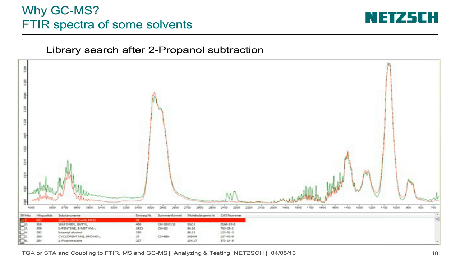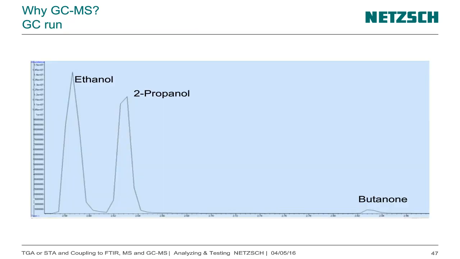But it's easy to identify, but I had no chance to find the butanone. And with the measurement in the GC, it was no problem. Ethanol, propanol, and butanone were well separated, and identification is easy. So that's why I like the GCMS for identifying mixtures.